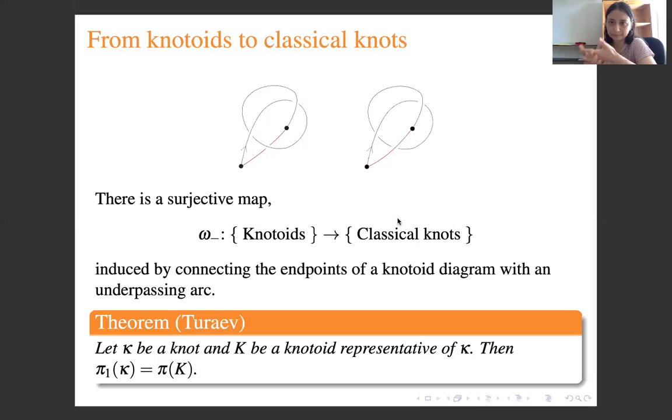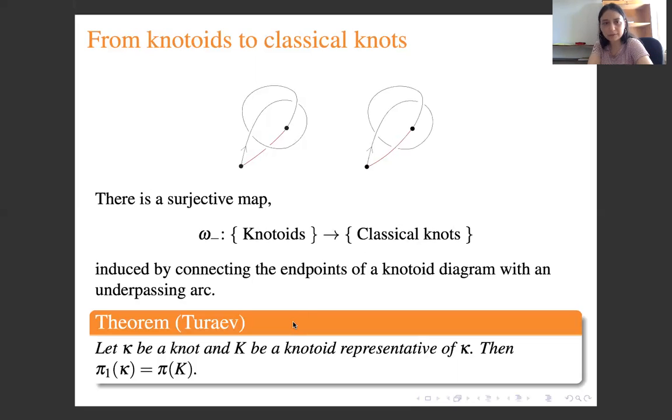But it is also apparent that knotoid representatives may have fewer crossings than the knot diagram representatives for the classical knot, so that we can compute some knot invariants that can be computed on diagrams via knotoid representatives. And it really eases our lives, since we get fewer crossings in knotoid representatives.